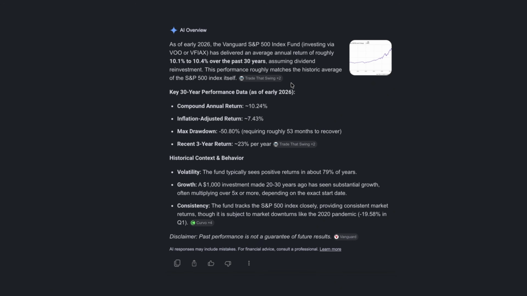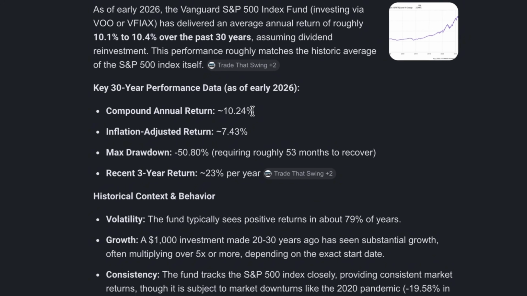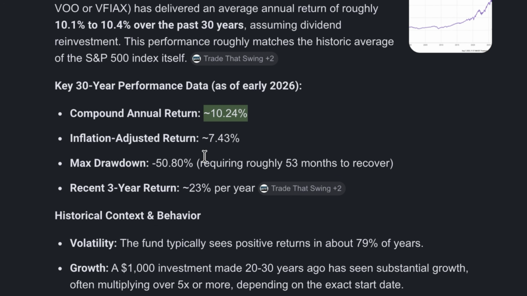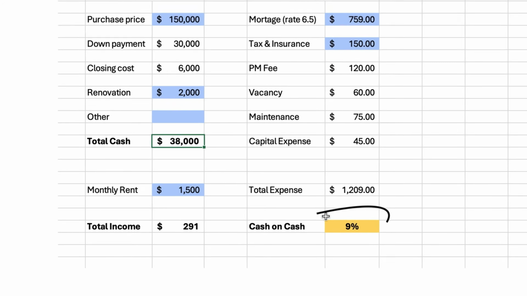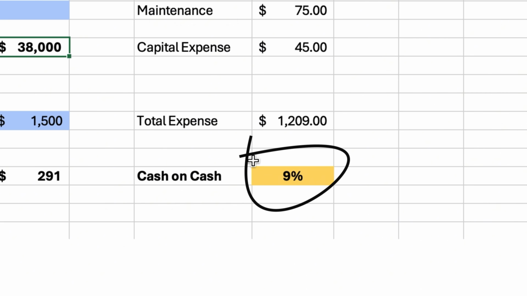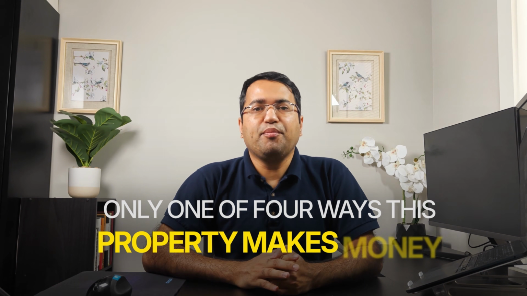Now compare that to the Vanguard S&P 500 index fund, the benchmark most people use for passive investing. Average annual return over the last 30 years, you will see around 10.24%. If you compare it with our analysis, the cash flow is almost 10%. But cash flow is only one of 4 ways this property makes money.